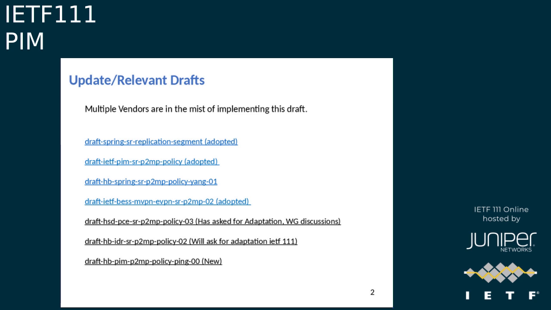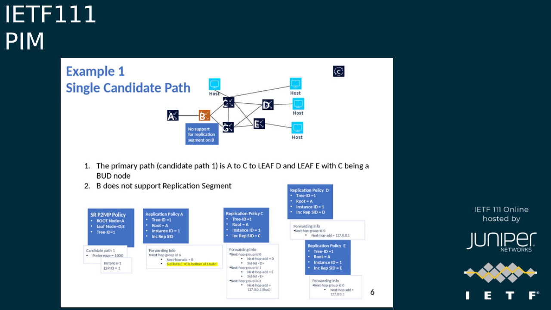Next slide, please. So just a little bit of memory refresher here. This will remind you what we are trying to do here. On the head end node, there is a point-to-multipoint policy that has a set of candidate paths.